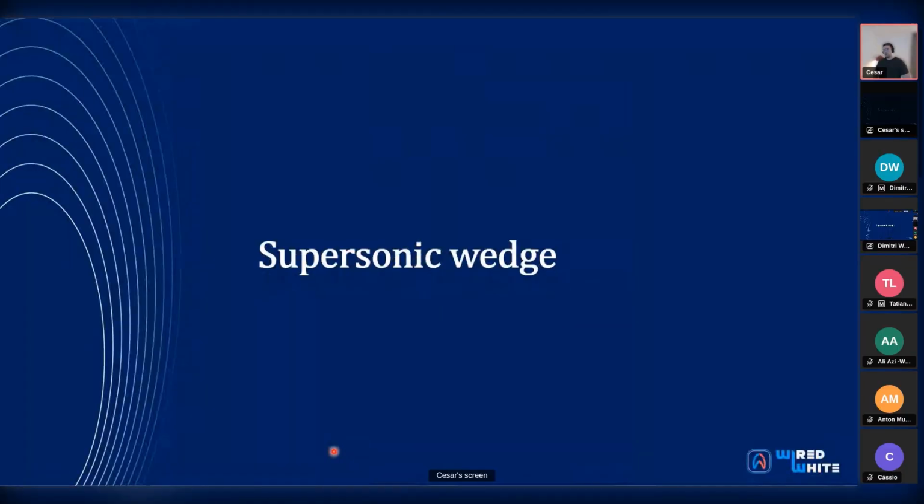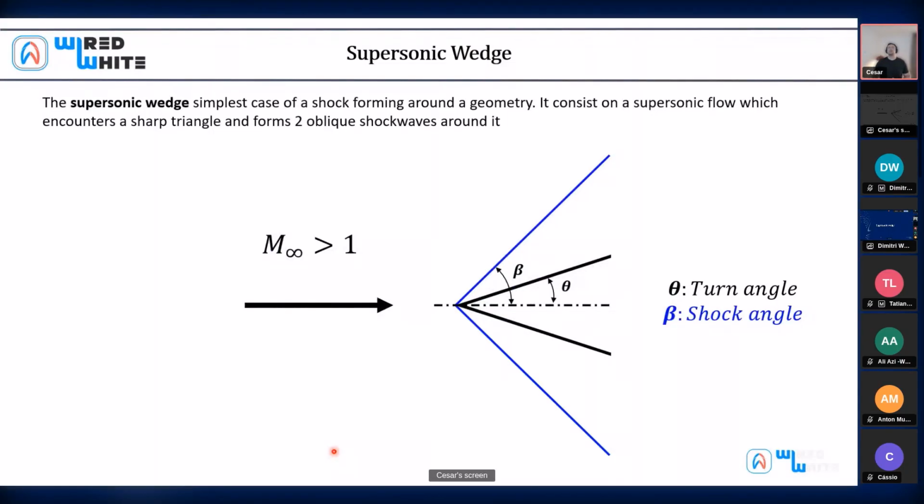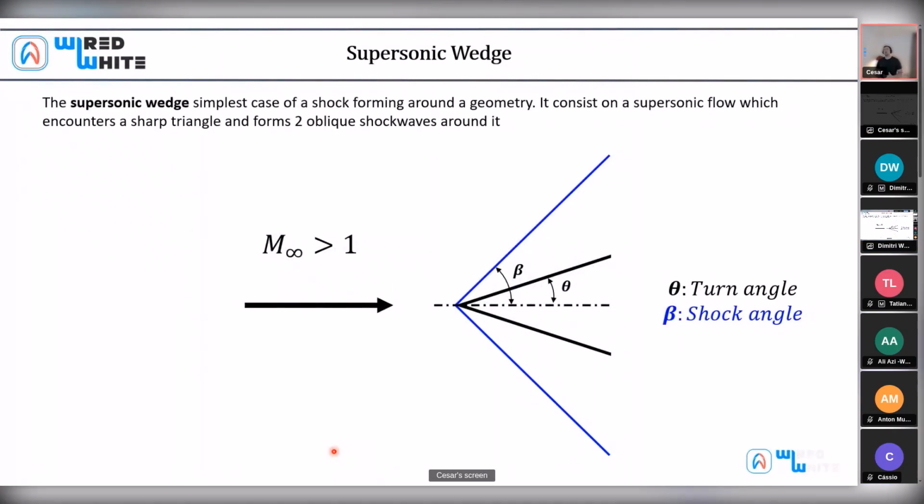Now, we're going to apply what we just learned through a very simple case, which is the supersonic wedge. So this supersonic wedge is the simplest case of shock forming around a geometry.